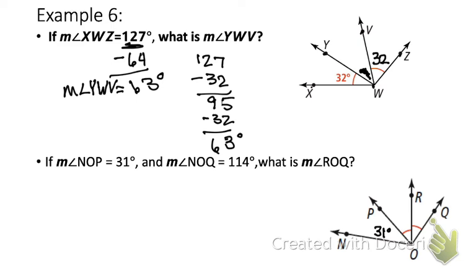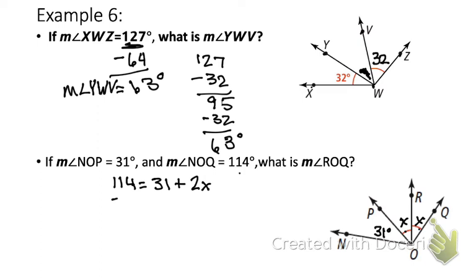And now NOQ, the whole thing, is 114. So these two are the same. So I know that 114 is equal to 31 plus, and I'm going to name this X and X. Well, how many X's do I have? 2X. So I have 114 is equal to 31 plus 2X.